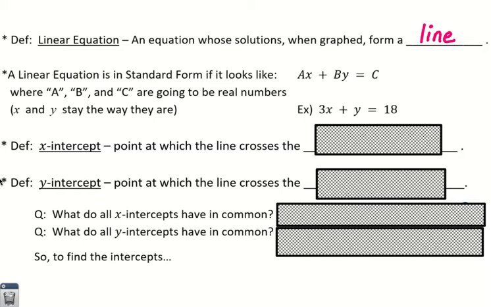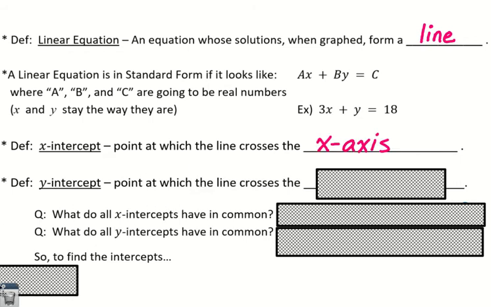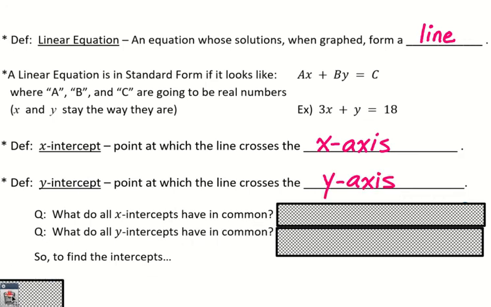And the b in mx plus b means the y-intercept. But overall here, the x-intercept is the point at which the line crosses the x-axis, and the y-intercept is the point at which the line crosses the y-axis.